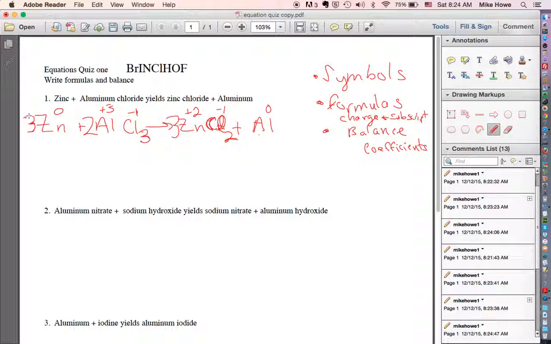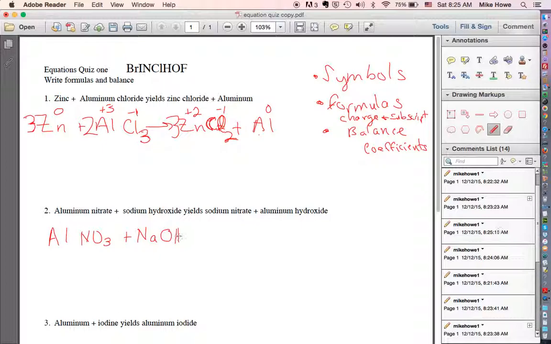All right, next question. We got aluminum nitrate, so our symbol, Al, and nitrate is at the bottom of the periodic table. It is NO3, plus sodium hydroxide, Na. Hydroxide is one of the polyatomic ions that ends in IDE.